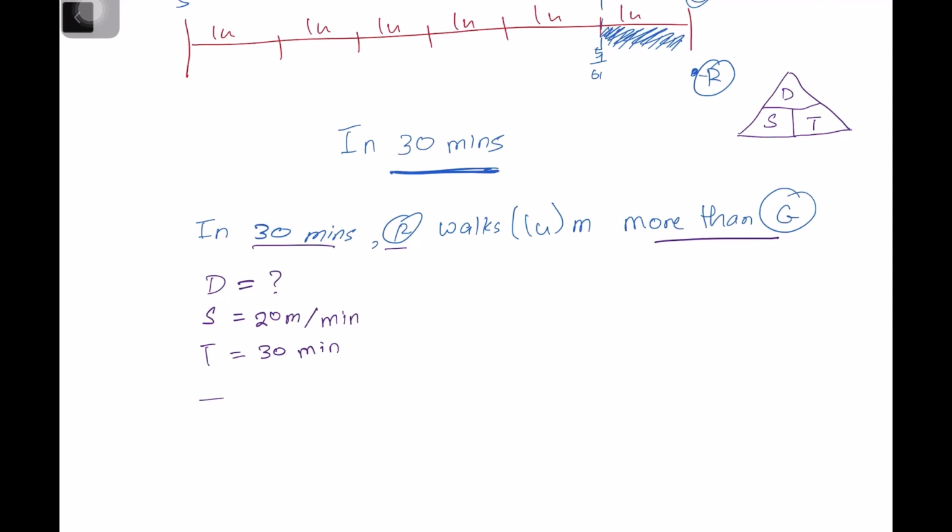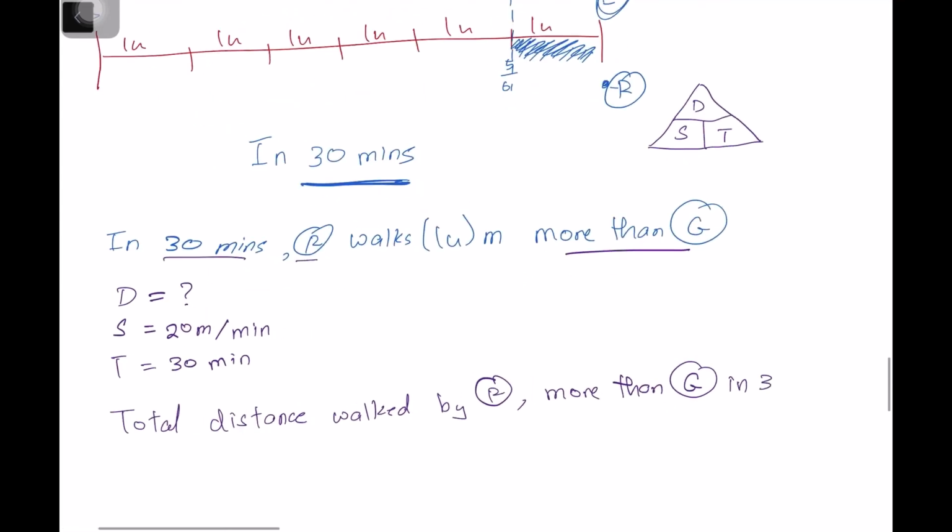So the total distance walked by Raju more than Gopal in 30 minutes is equals to speed times time, and the speed is 20 meters per minute times the time, which is 30 minutes.